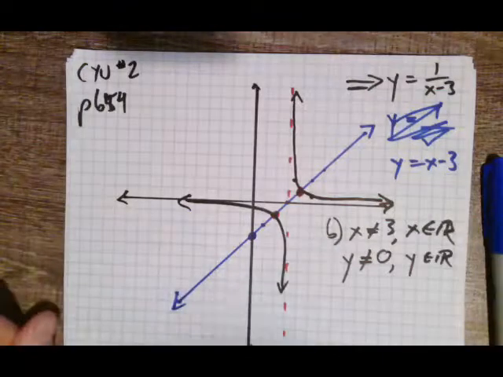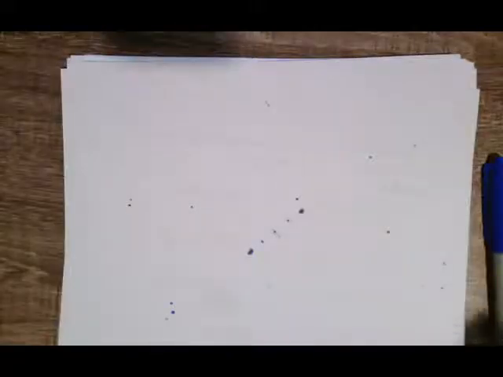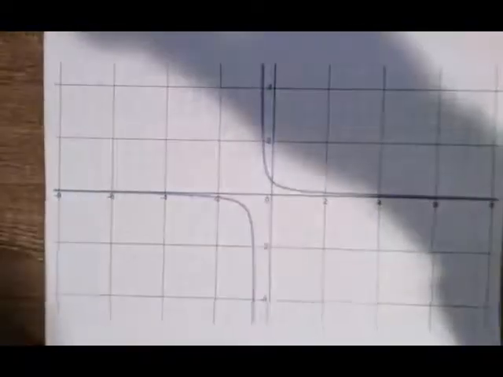Okay, example, or check your understanding number 3. Use the graph. I printed this one out because it's small in my book and I wanted something bigger to be able to work with. So this is the graph, I'm pretty sure it is anyway.